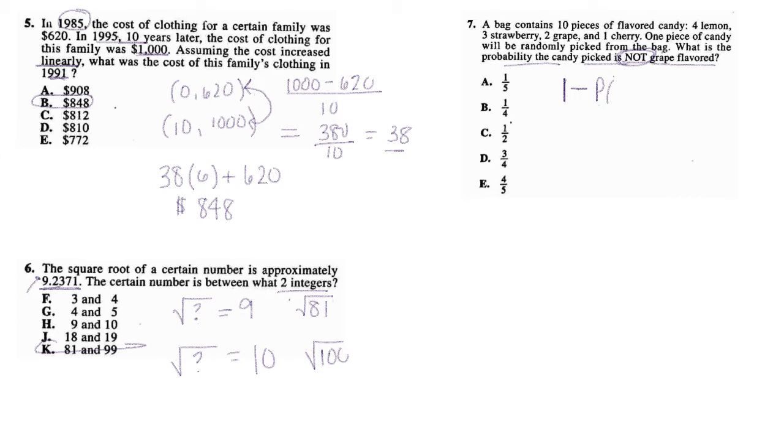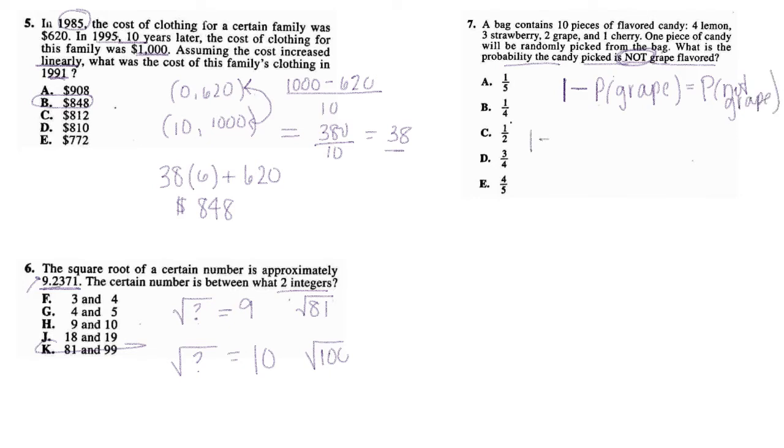Sorry. Let's change that. All right, so we need 1 minus the probability of grape. I do apologize. And then that's going to give us the probability of not grape, because that's the only thing we want to not happen.